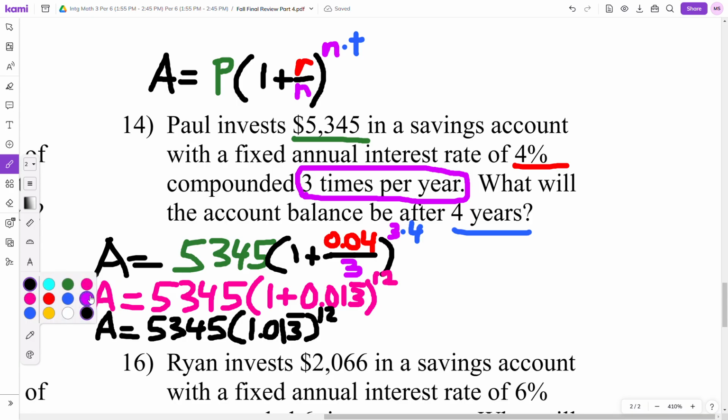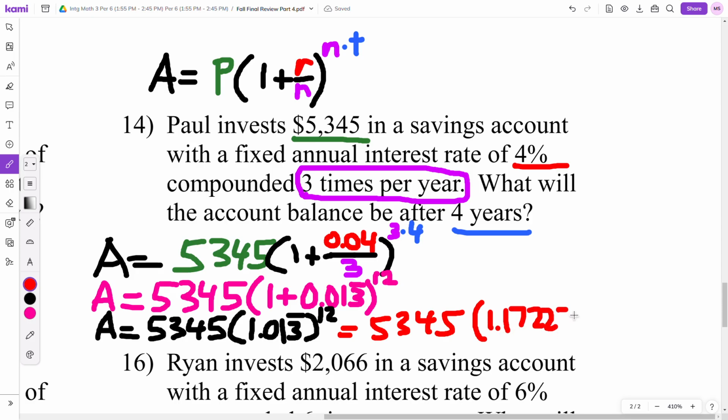Let's do that in our little calculators. I'm trying not to repeat, but I'm going to have to. Some of these aren't legible. So this is 5,345 times whatever this is to the power of 12, which according to my calculator is 1.17227... approximately.